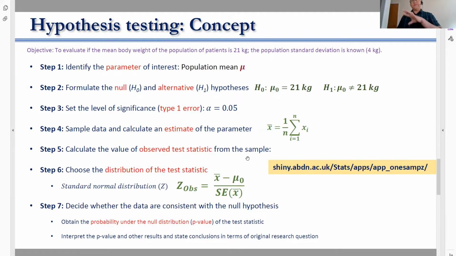For this very simple scenario where we know the population standard deviation or population variance, the test statistic is calculated as your estimate minus your hypothesized mean, divided by the standard error. Again, that's a very simple scenario. So this is the sample mean that we have collected, what is my hypothesized mean, which is mu0, and divide by the standard error, which will give me a test statistic, which I mention here as Z observed.